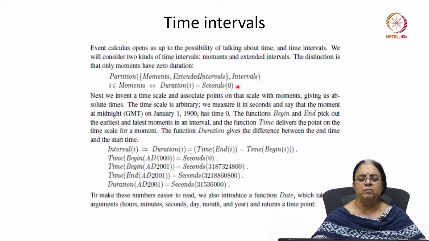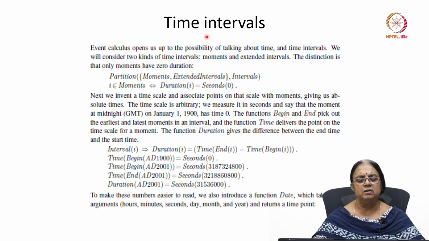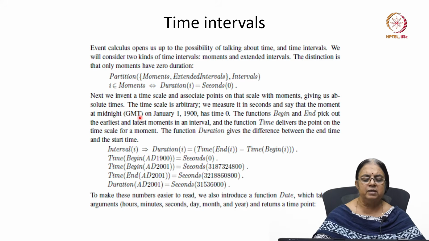Now, how do we represent time intervals? We just saw how we are using times T1, T2, etc. earlier. So what is done basically is you start off with something as the base.